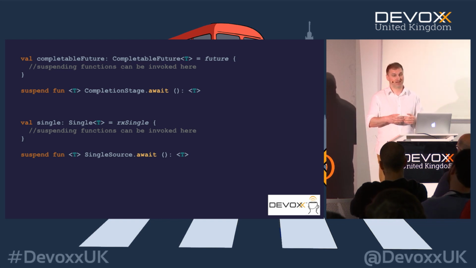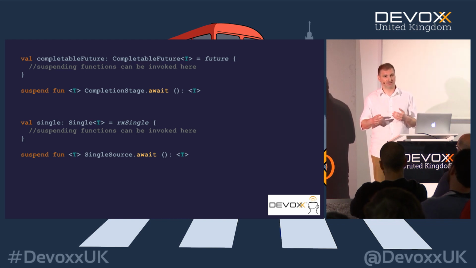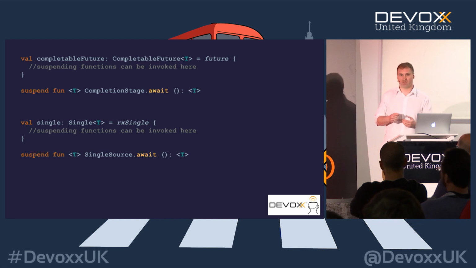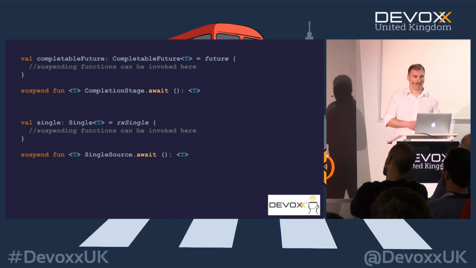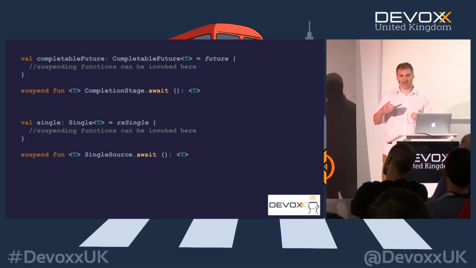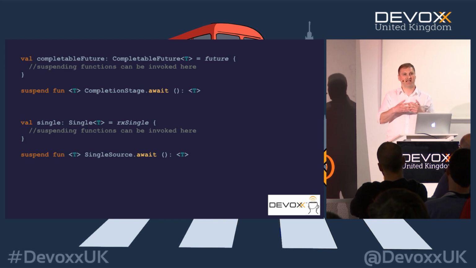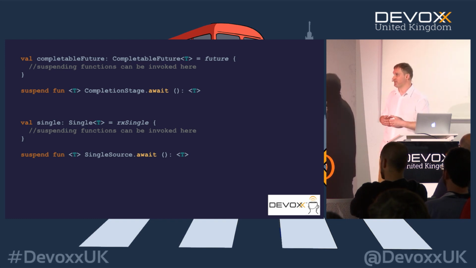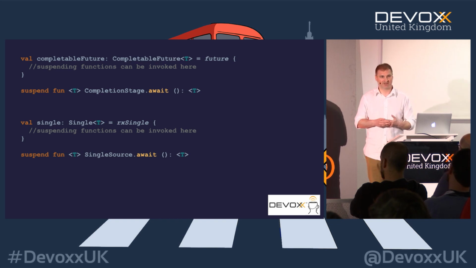But if you have an existing code base and we would like to start using coroutines, we need something to interoperate between our solution, the libraries which we use, and coroutines. And fortunately, there's the kotlinx set of libraries which allow you to interoperate with different kinds of libraries which already exist and that give you this possibility to write asynchronous code.